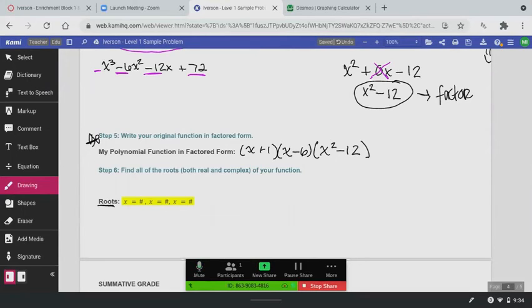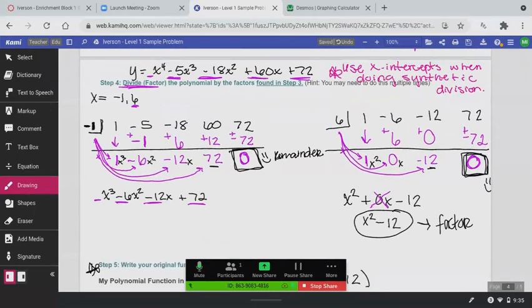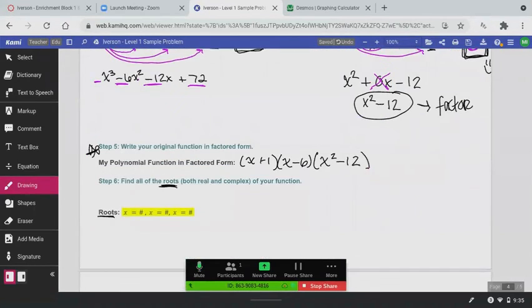Okay, step 6, the final step is I need to find all of the roots or zeros of my function. Now, we already have 2 of them. We found 2 of them back in step 2 when we graphed. We also used them in step 4 when we divided.